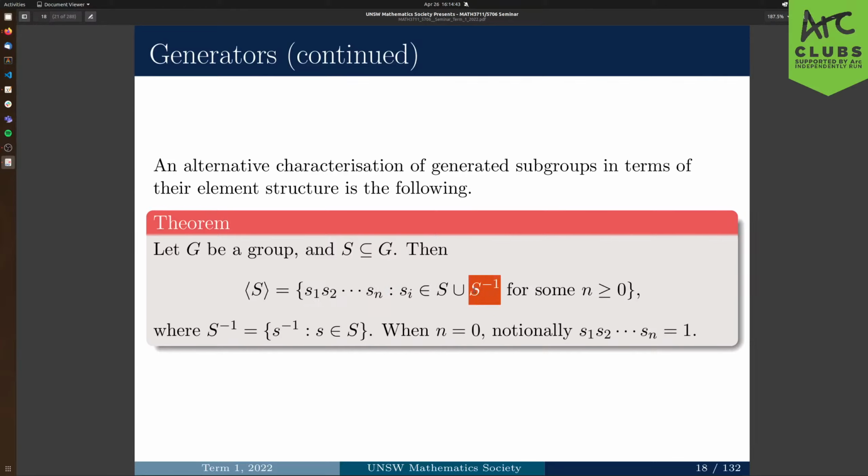The inverses are pretty natural because we want a group ultimately, so we're going to need inverses in there somewhere. So if I take the product of arbitrarily many elements in S and their inverses, I get the same thing. And if I take zero of these, then notionally we say that's just going to be 1. So the empty product is 1. This is often a nicer way to think about the generated subgroup.